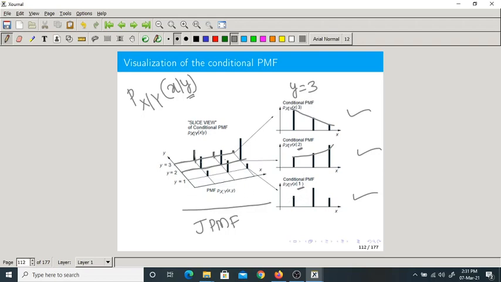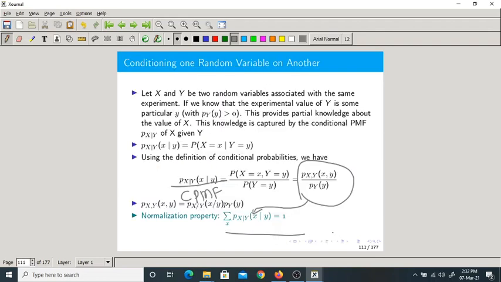So in this order. This is how we visualize joint PMF. These are conditional PMFs. Now, when it comes to formulas, nothing to worry. They are just difference in notations, not in the concept. I hope you can prove this. Try to prove it.